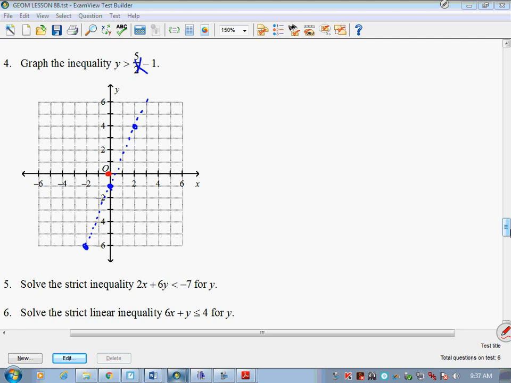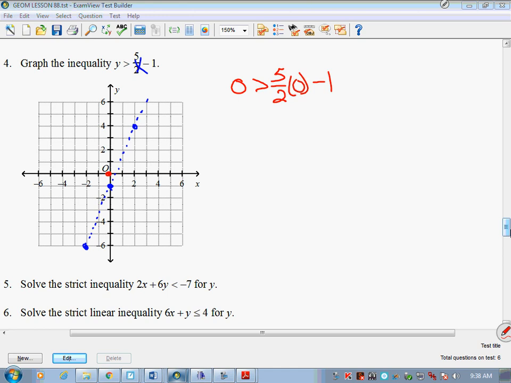So do you notice this 0, 0 is on the left-hand side? What I want to do is plug those coordinates in for x and y. 0 is greater than 5 halves times 0 minus 1. If this statement is true whenever I solve it, then I'm going to shade the zone that includes 0, 0. If it's false, I'm going to shade the zone that doesn't include 0, 0. You follow me?